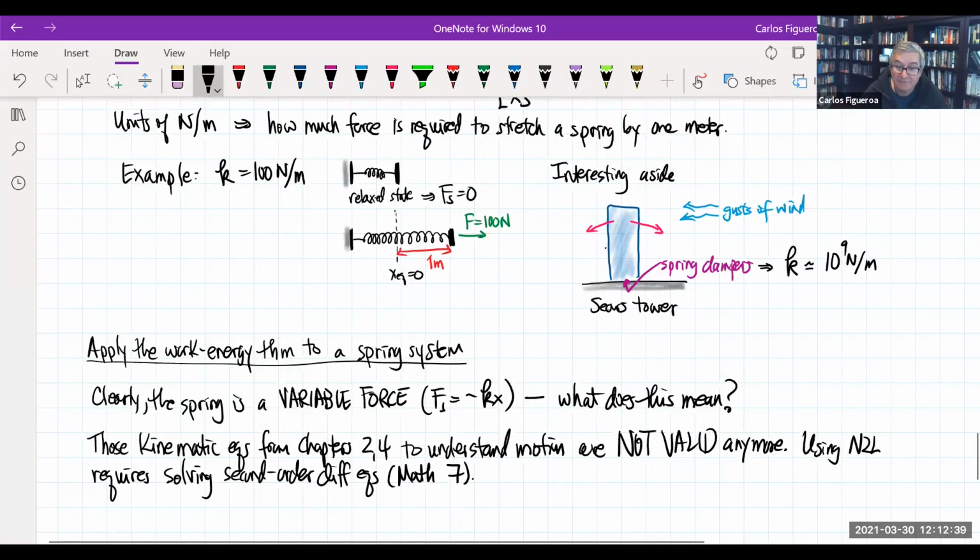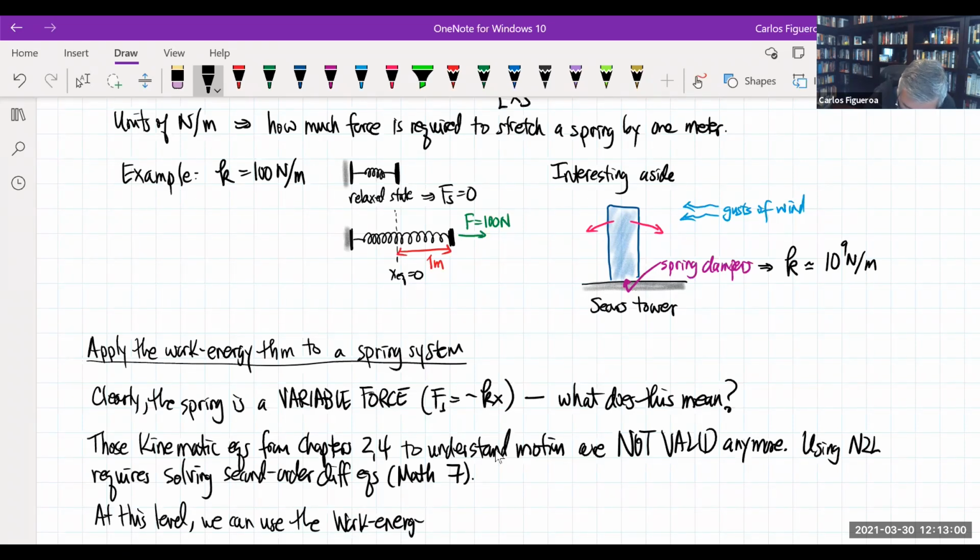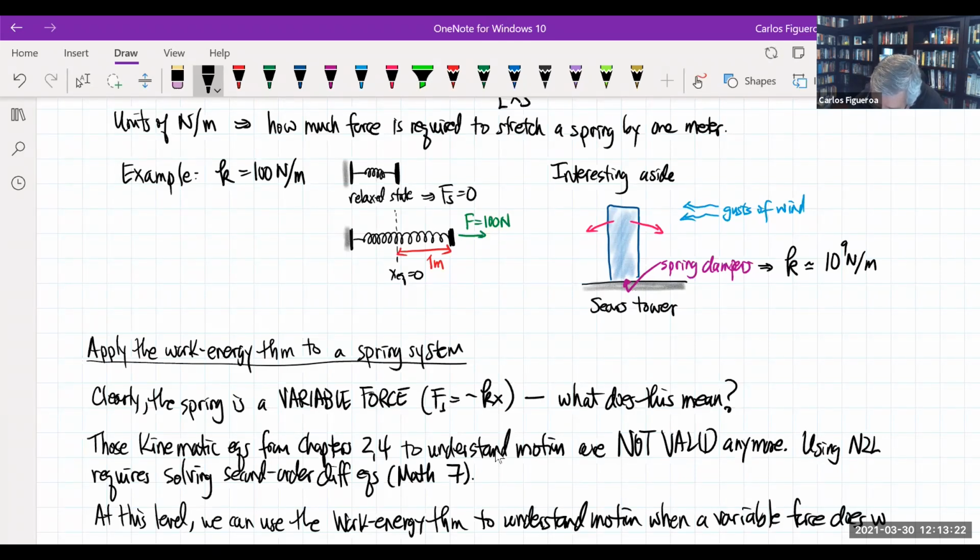But there's hope. And the hope is that at this level, we can use the work energy theorem to understand motion when a variable force does work.